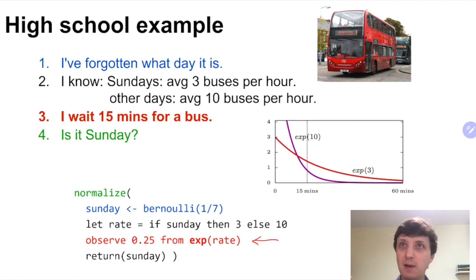If I run a simulation of the bus network, I'll never, or almost never, end up with a 15-minute gap exactly between buses. The weighted method works absolutely fine. I can weight my threads by whatever these numbers are here, the likelihood of the exponential distribution at the 15-minute point, and that works absolutely fine. So the weighting method works very well.